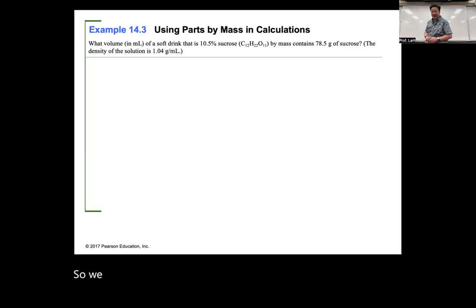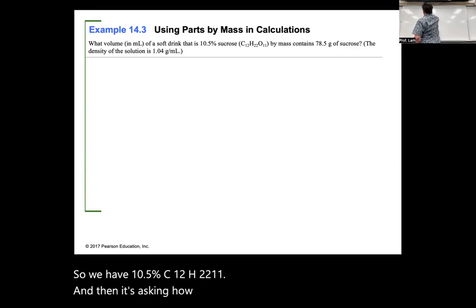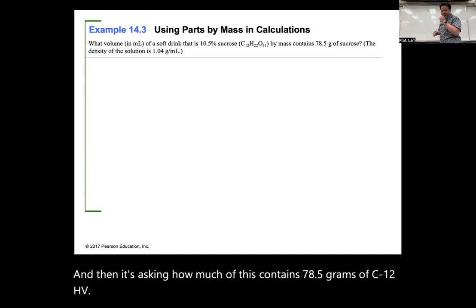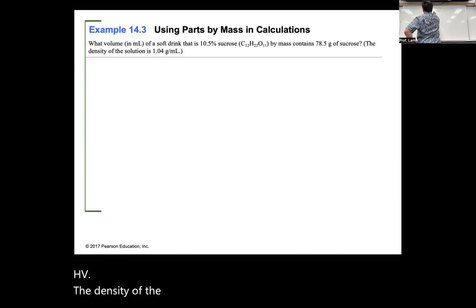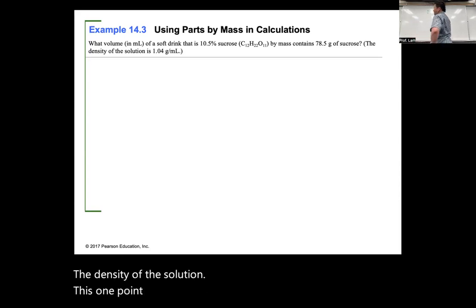So we have 10.5% C12H22O11. And then it's asking how much of this contains 78.5 grams of C12H22O11. The density of the solution is 1.04 grams per milliliter.